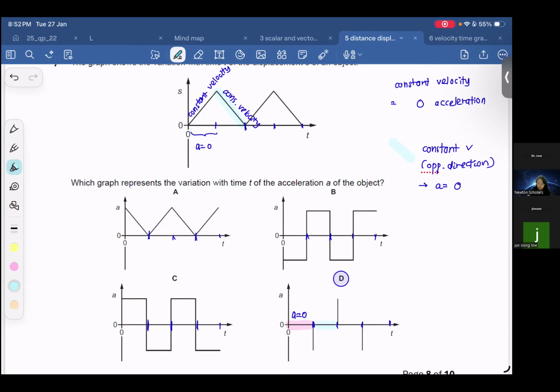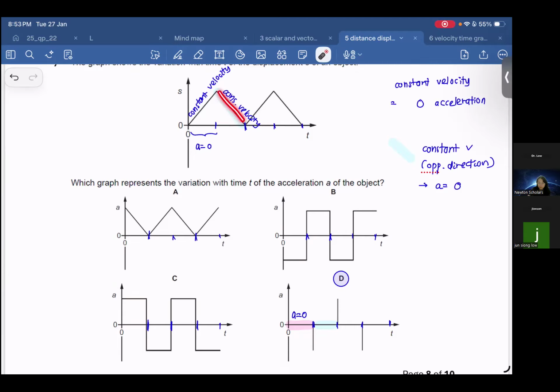But there will be a sudden change here. The direction suddenly changes. That's why your acceleration will have a sudden change. The change in velocity here is negative. So your acceleration here will have a sudden change.